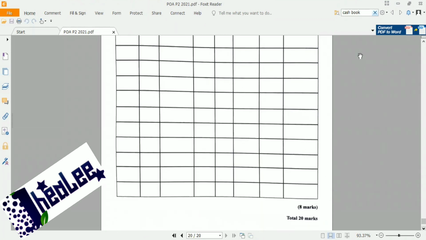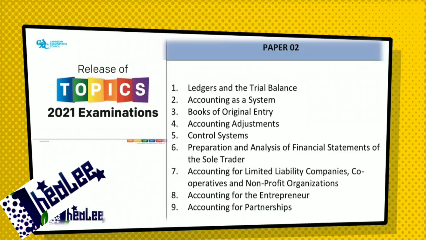But in looking at the broad topics that were presented, which topic was not tested? Did the examination body test you on everything? Did they test you on everything? Let us do a quick check. Ledgers and the trial balance, yes.